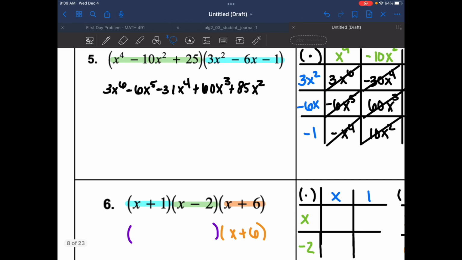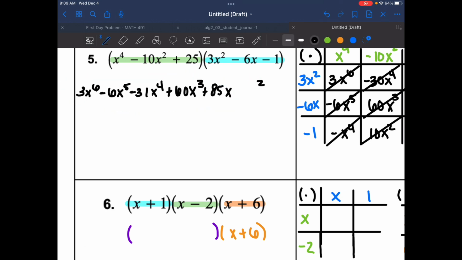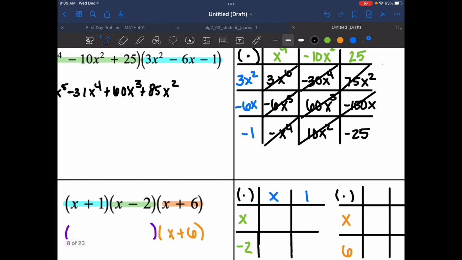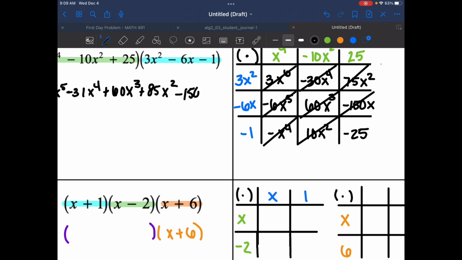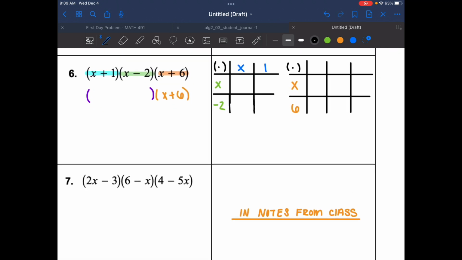I'm going to give myself some more room here, because this one's a long polynomial. Okay, and then we have negative 150x. I don't see another x to the 1st, so I'm just going to write minus 150x. And last but not least is negative 25. Okay. Let's go ahead and do this next one.